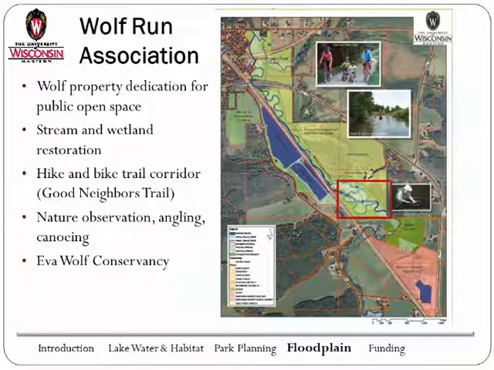We know that the Wolf family is interested in dedicating a portion of their property along the creek for stream and wetland restoration, as well as hike and bike trail opportunities and other recreational opportunities such as angling or nature observation, perhaps even canoeing. And then lastly, camping and picnicking opportunities up at Grandma's Park through the Ava Wolf Conservancy. So these are some of the bigger picture ideas. I know Scott Stokes is here. I know he'd be delighted to answer any questions related to their efforts.